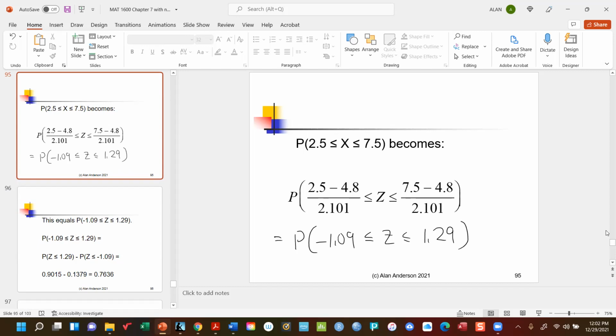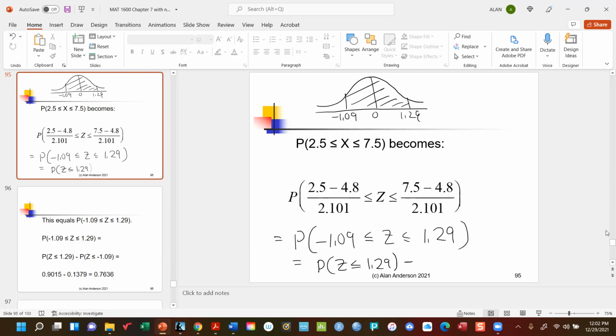So in other words, the probability of getting that many students with the type AB positive blood is approximately equal to the probability of Z falling between negative 1.09 and positive 1.29. So this is what we're looking for. And of course, that means we're going to do a subtraction after looking up these values in the tables.